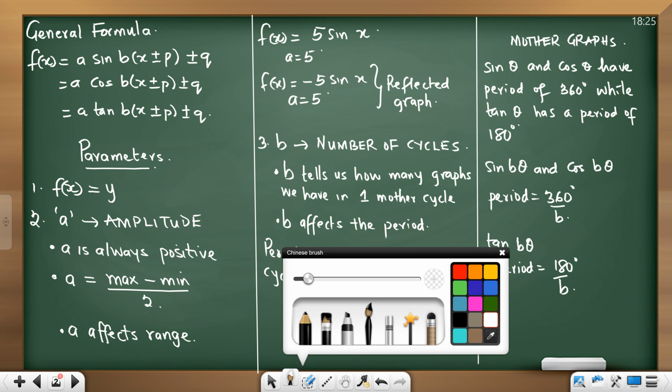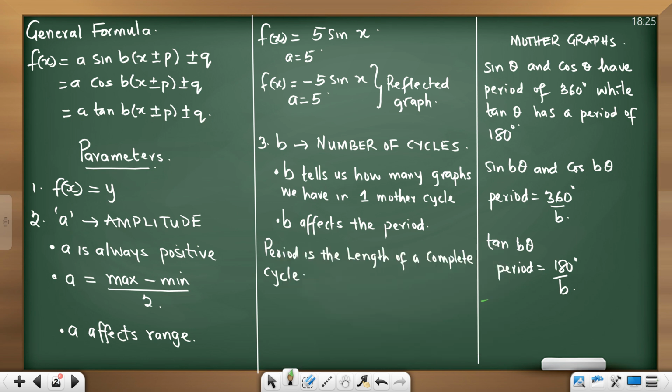The period of a tan theta graph is the distance between two asymptotes. And I'm sure we are not new to asymptotes.